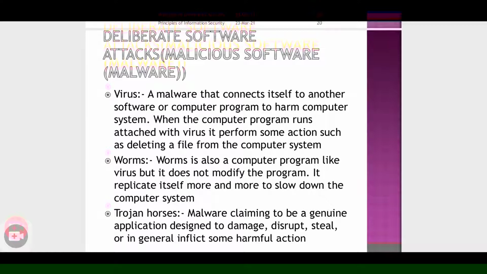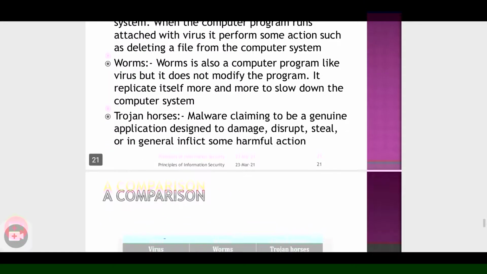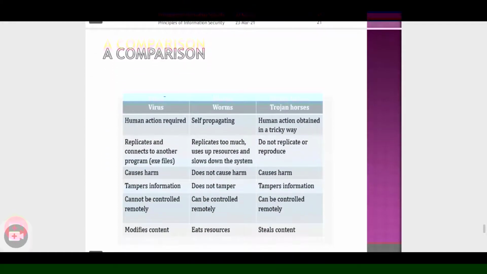It claims to be a genuine application designed to damage or disrupt or steal or in general inflict some harmful action. They also harm the system and they damage or disrupt or steal. But this malware claims to be a genuine application. So these are the main three malwares: virus, worms and Trojan horse.